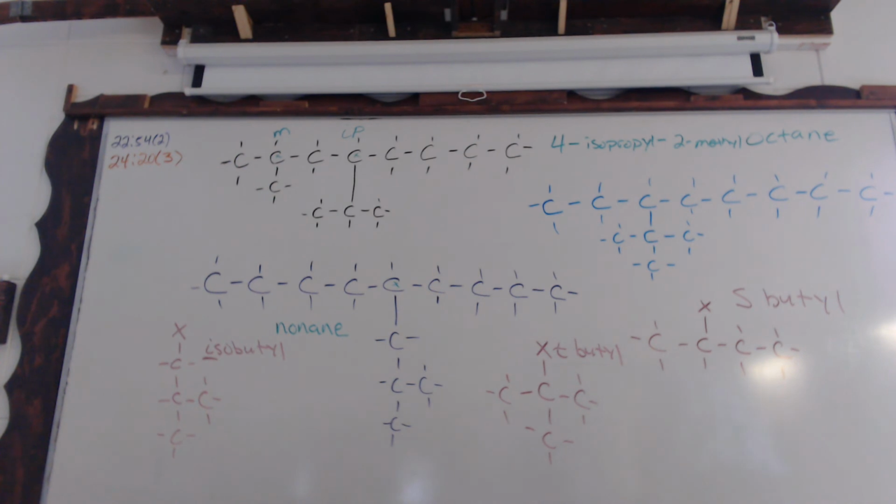Okay. Alphabetize the names of the alkyl groups when there are more than one group. Ignore all prefixes, both the branch prefixes secondary and tertiary, and multiplying prefixes such as di and tri, when alphabetizing. With one exception, iso is not ignored.